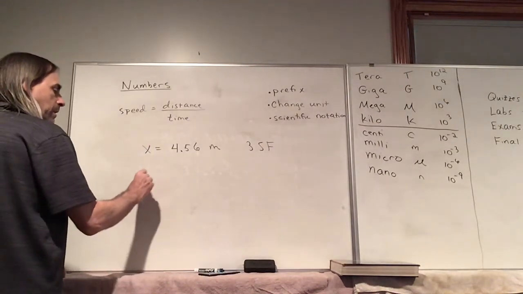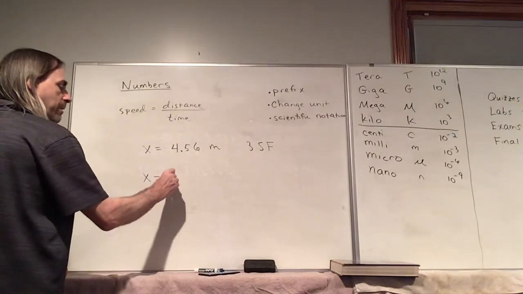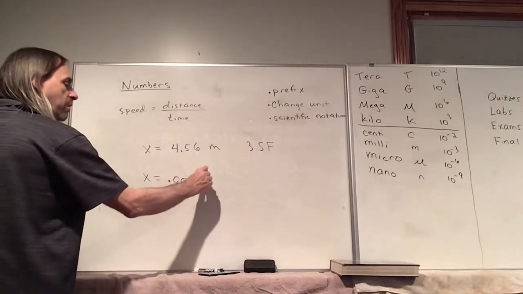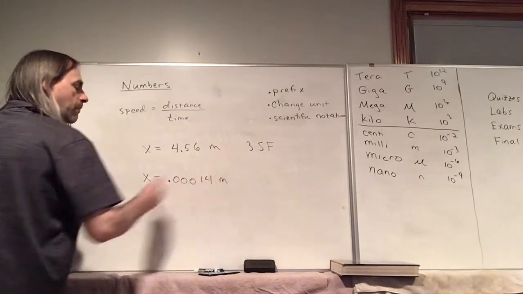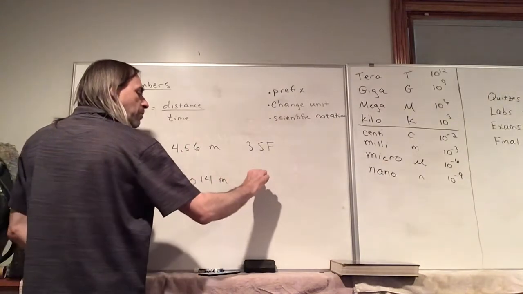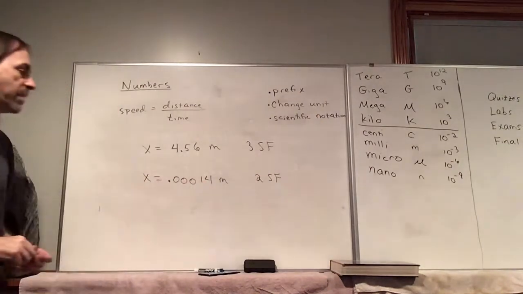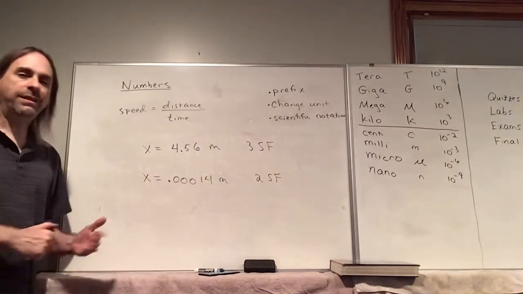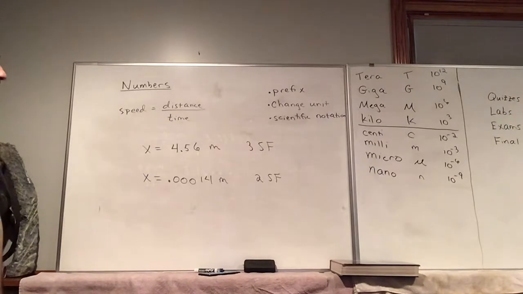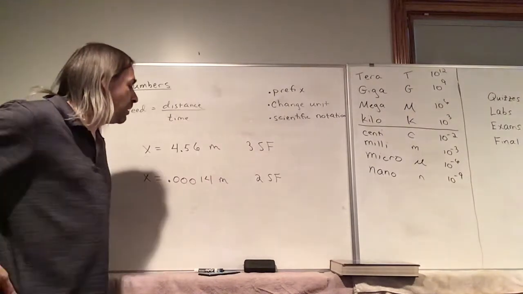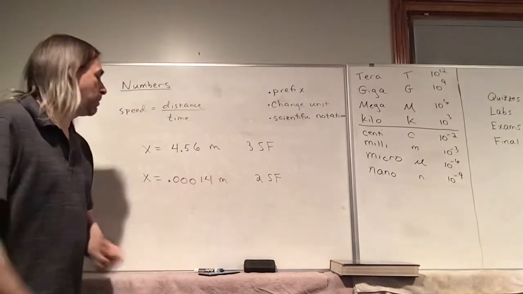Let's say X is 0.00014 meters. This number has 2 significant figures, the 1 and the 4. Now what about these zeros in front? These are just placeholders. So like we're measuring something, I could convert to a different unit.